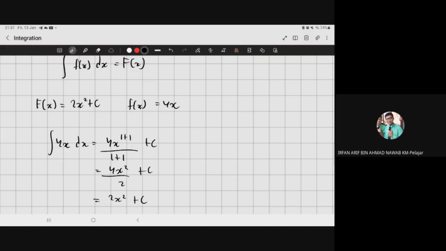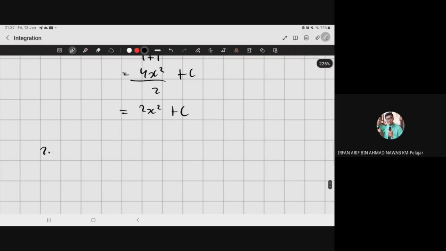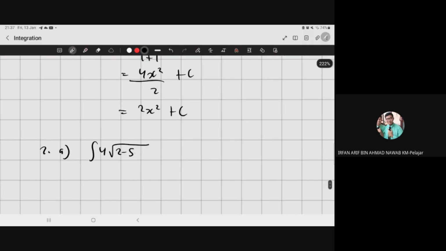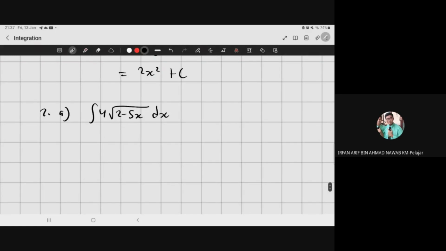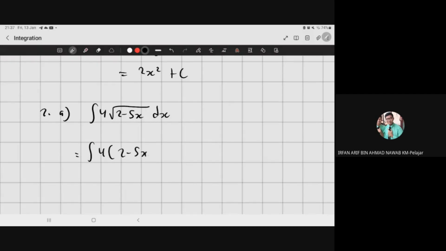Okay, the second question, 2A. They give us an integral, which is 4 times the square root of 2 minus 5x dx. Now, if you see a square root, change it to a power. So convert it to a power. You get 4 times 2 minus 5x to the power of 1 over 2 dx.